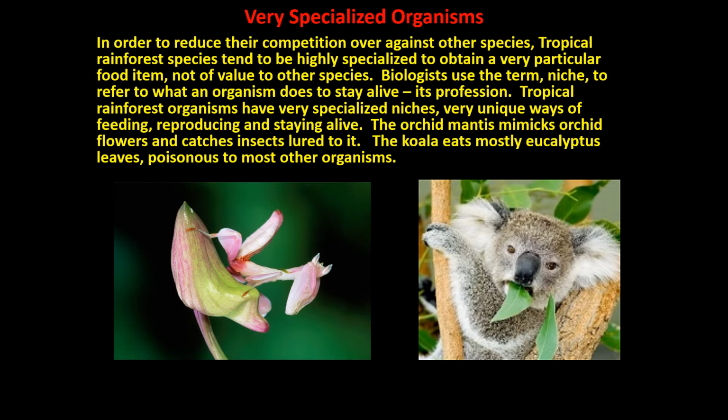The orchid mantis mimics orchid flowers and catches insects lured to it. The koala eats mostly eucalyptus leaves, poisonous to most other organisms.